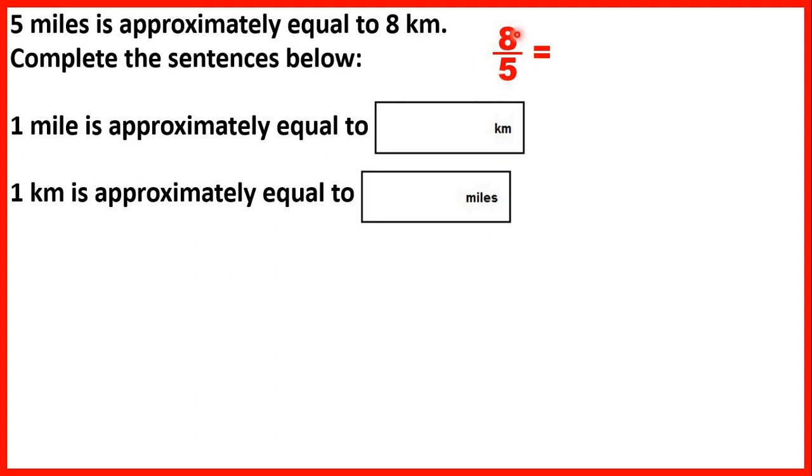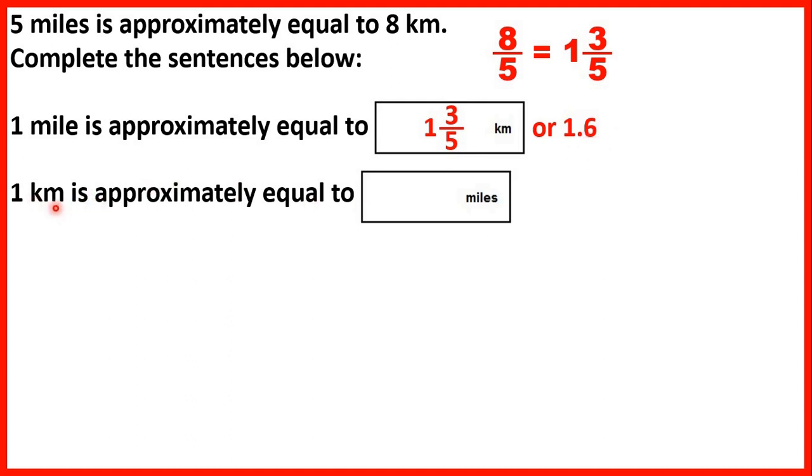And then we could change this improper fraction into a mixed number. 8 divided by 5 is 1 remainder 3, the denominator stays the same, so that's 1 3/5. We could also write our answer as a decimal, so 8 divided by 5 is 1.6, because 3/5 is the same as 6/10, so that's 6 as our 10th digit.